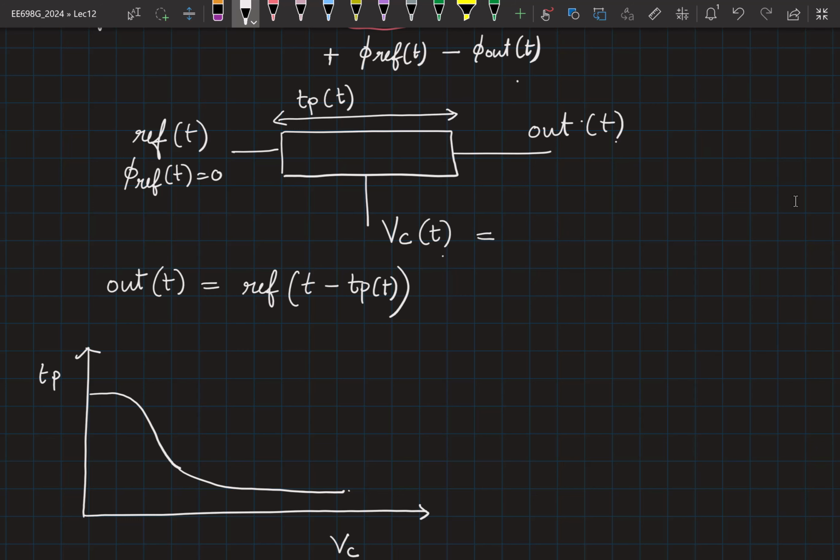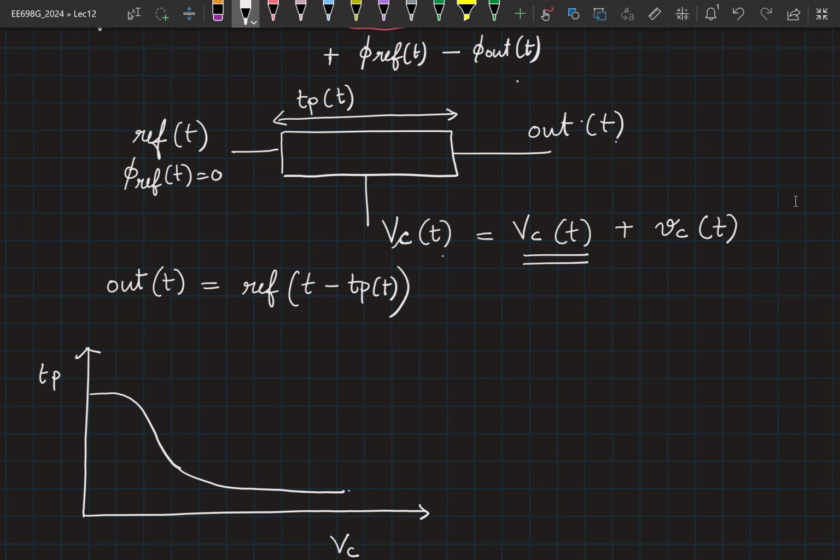Now this VC can be written as an operating point phase. So this is the small c, capital C as a function of time, plus a small signal VC as a function of time. Now under steady state, we would expect our operating point to be a constant on an average. Right? You could have some ripples around it, but every period the average of VC is going to be constant.